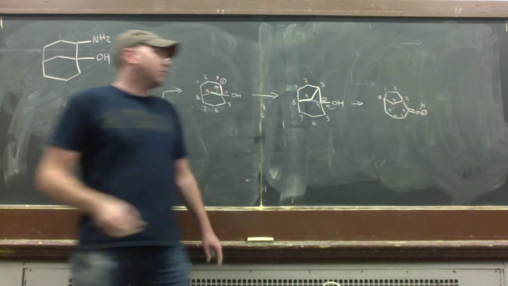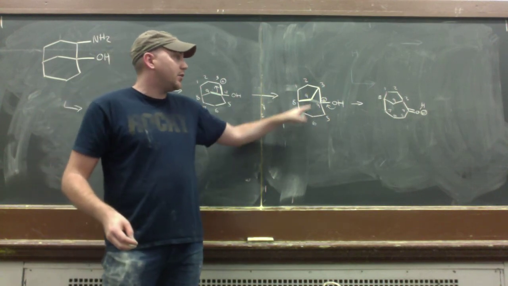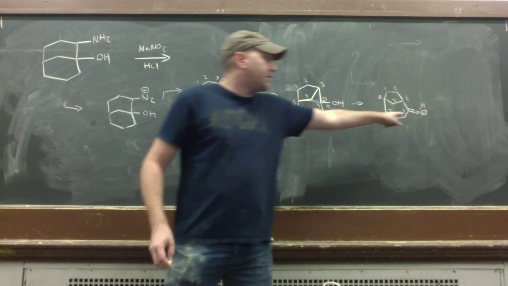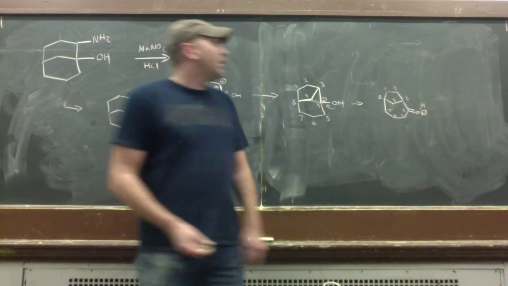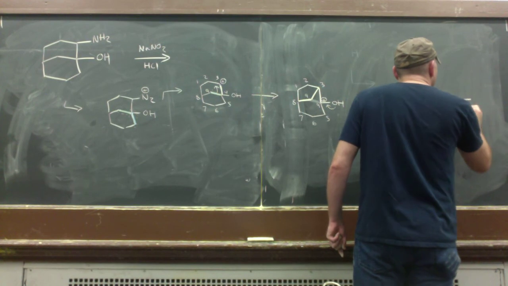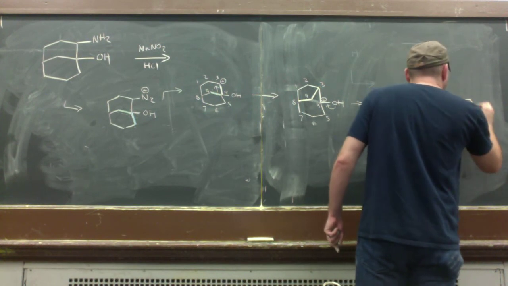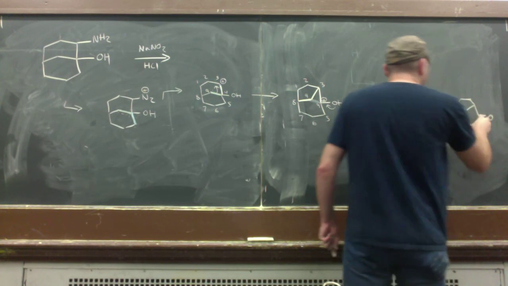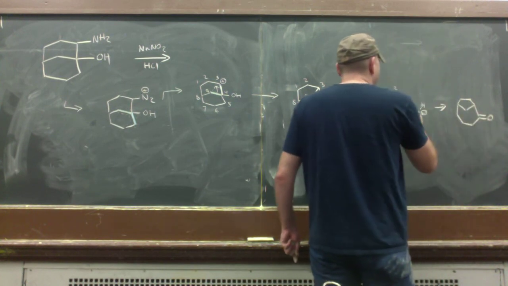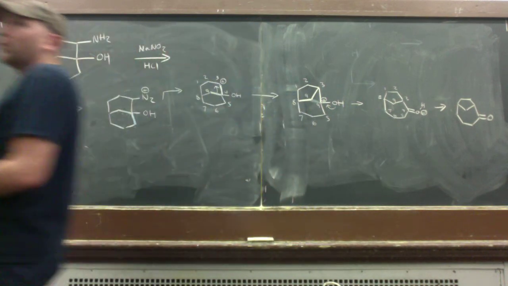And again, we can map and see, yep, our 7, 8 is together, or 7, 6, 5, and you can go all the way around. And again, at this step, you would simply deprotonate that, and the net result would be this molecule here. 1, 2, 3, 4, 1, 2, 3, 4. Okay, so does everybody see how that one works?